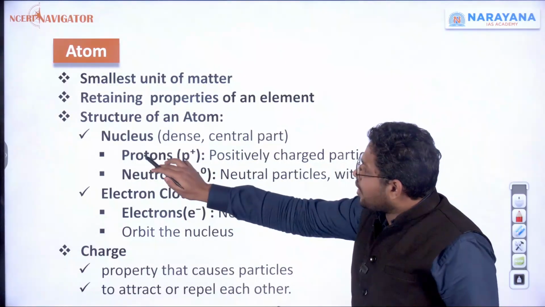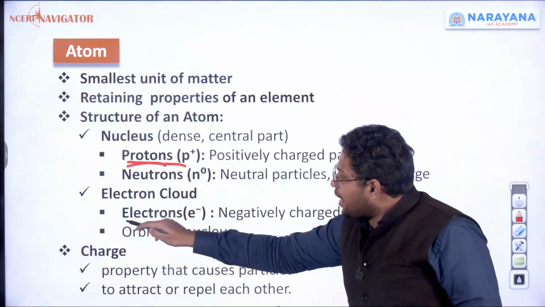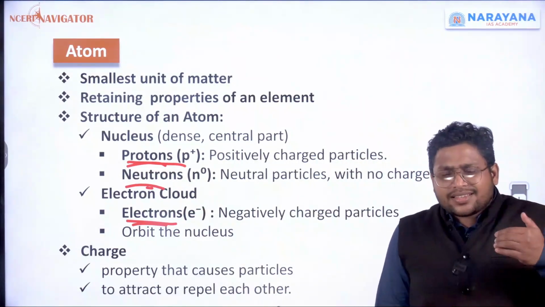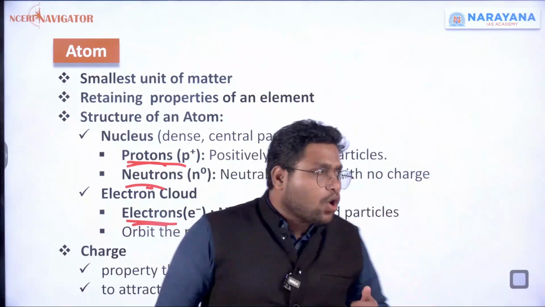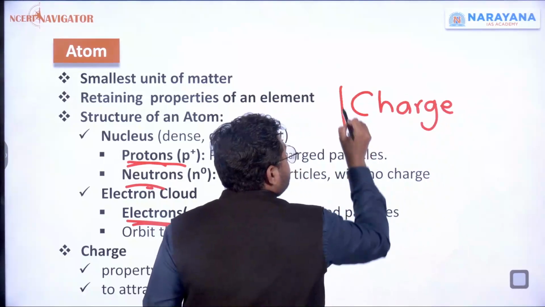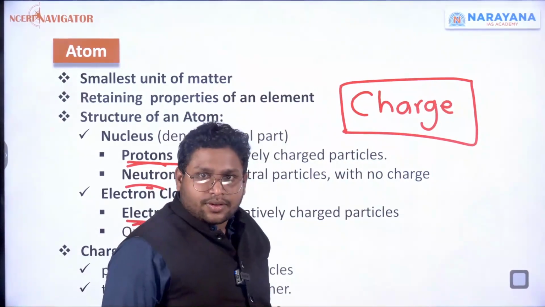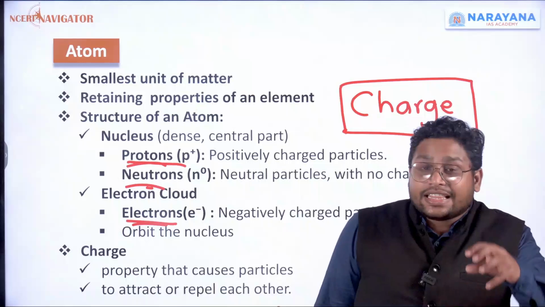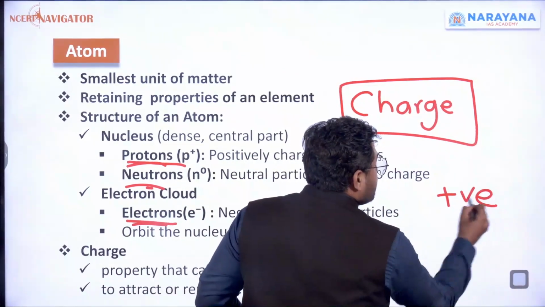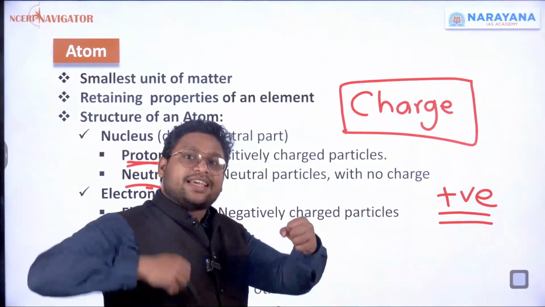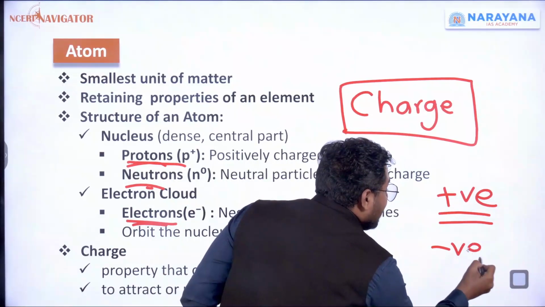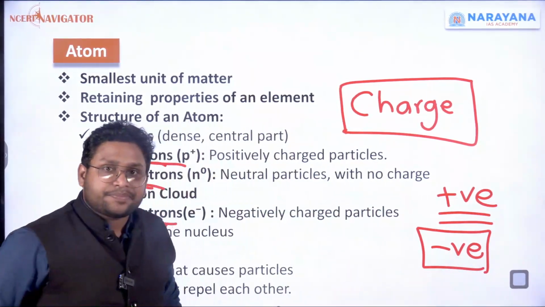Now when I look at these protons, electrons and neutrons, I see something interesting, and I call that thing charge. We say that the proton that we see in the nucleus of an atom is a positively charged subatomic particle, whereas the electron which is orbiting is a negatively charged subatomic particle.